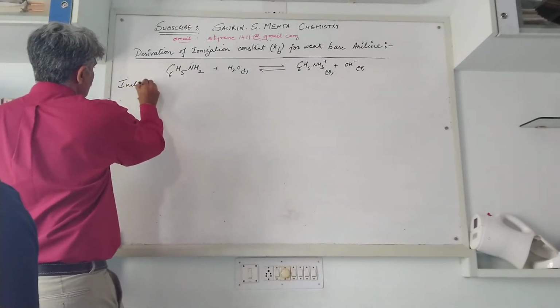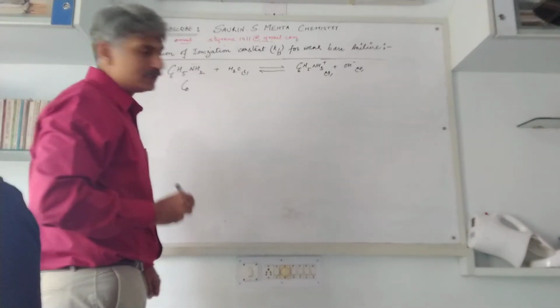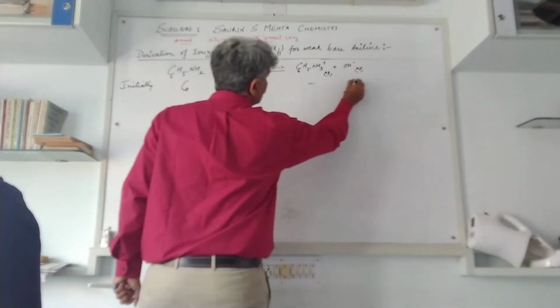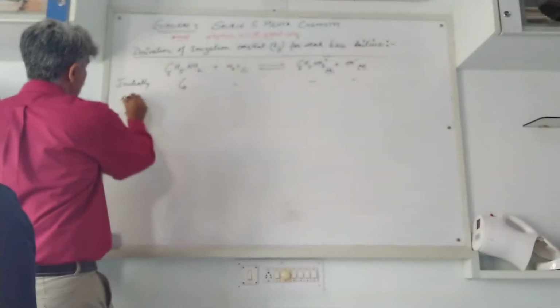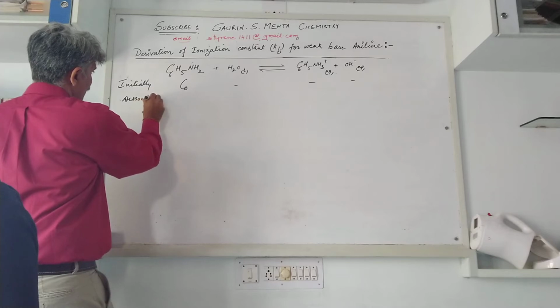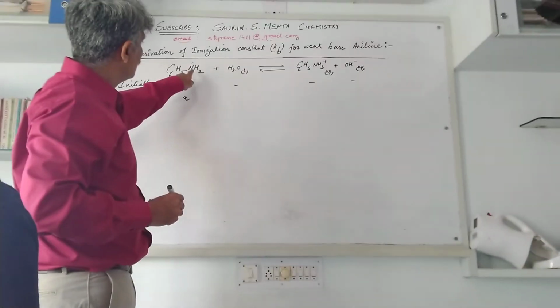Now initially the concentration of aniline, let us consider, is C0. Initially nothing will be formed. Now suppose a dissociation takes place, and that dissociation is, let us say, X moles for aniline.